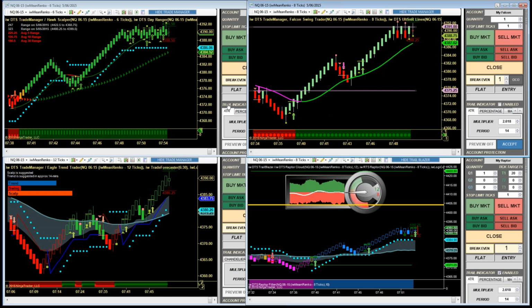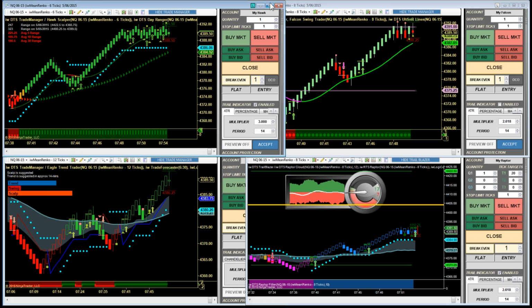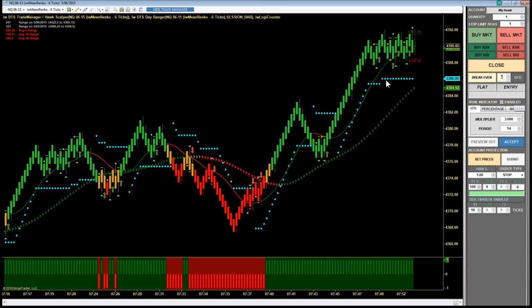Without all 3 legs, the stool will fall down. So you need signal generation, you need trade management, and you need money management. And that's why the DTS system was developed. It has all 3. It has signal generation, it has trade management, and it has money management.